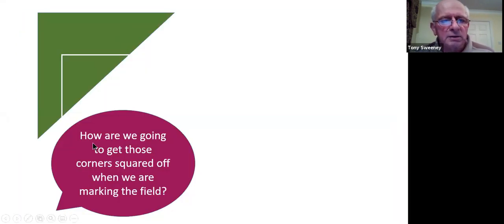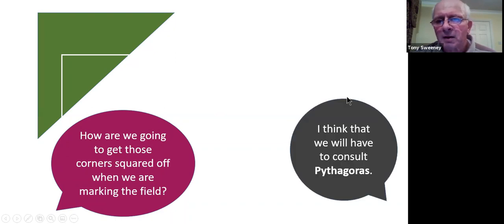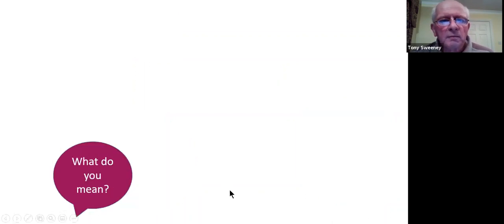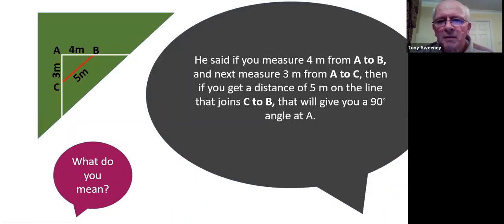So one guy says, how are we going to get those corners squared off when we are marking the field? I think that we will have to consult Pythagoras. What do you mean?